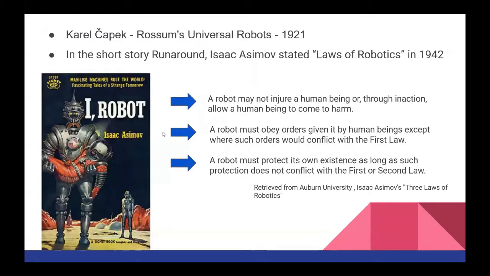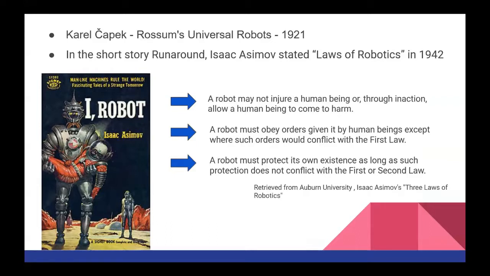So when we look at the origin of the word robot, it first appeared in Rossum's Universal Robots by Karel Čapek to describe artificial people made in a factory. In his short story Runaround, Asimov defined the three laws of robotics.